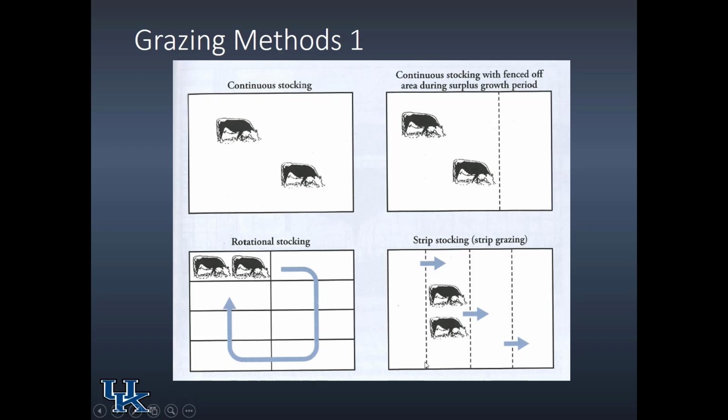When we stockpile tall fescue, we do not need to do the back fencing. It saves us some time because there's no forage to regrow back here. They're not going to regraze it. So they're just going to go over to where the new growth is, and it saves you some time. But strip grazing like this allocates forage as needed and really lets you gain quite a bit of efficiency.